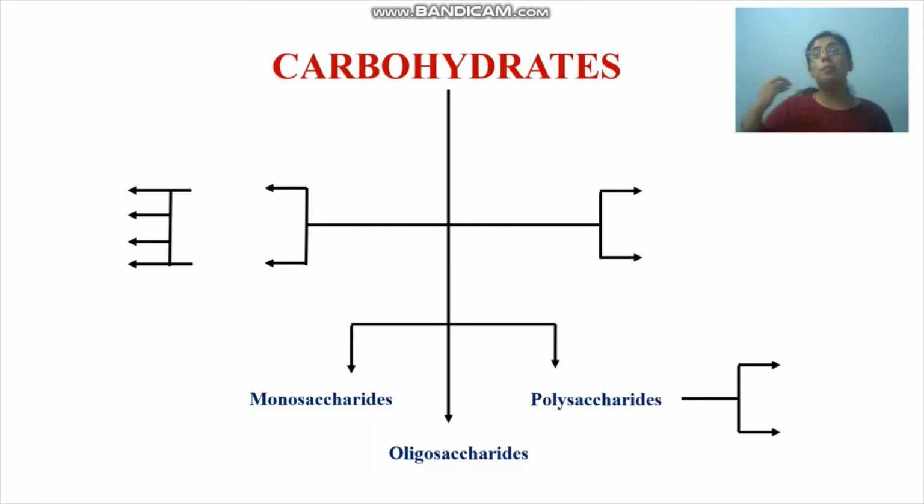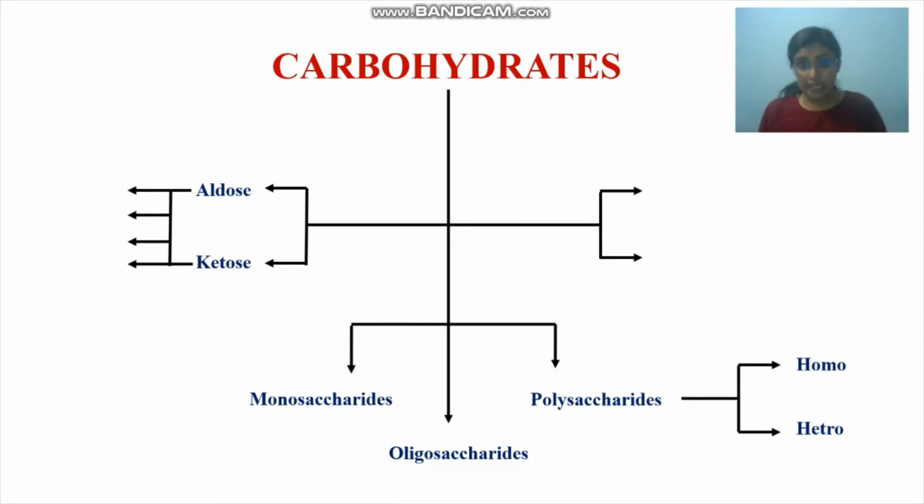Based on the product obtained upon hydrolysis, a carbohydrate can be classified as a monosaccharide, oligosaccharide, or polysaccharide. And polysaccharides can further be classified into homopolysaccharides or heteropolysaccharides.